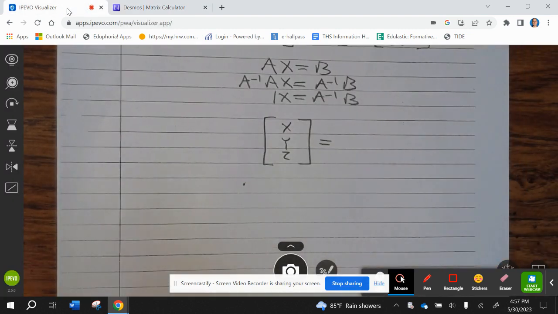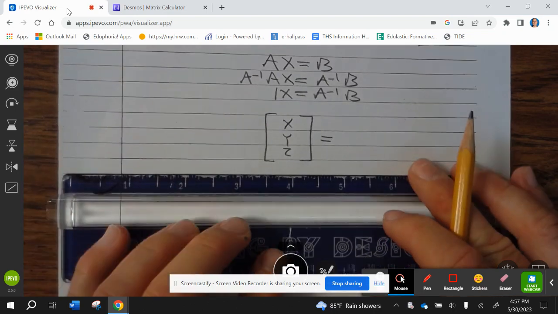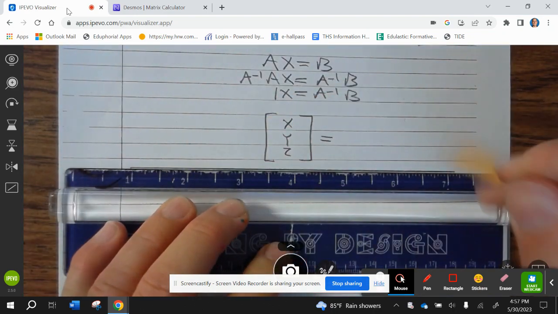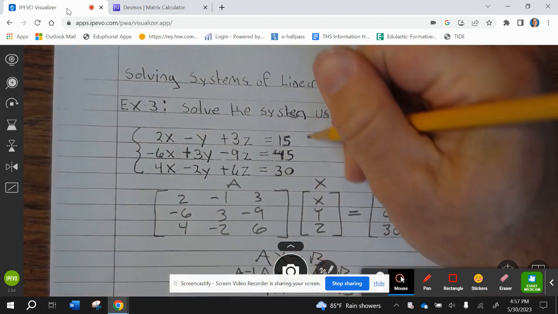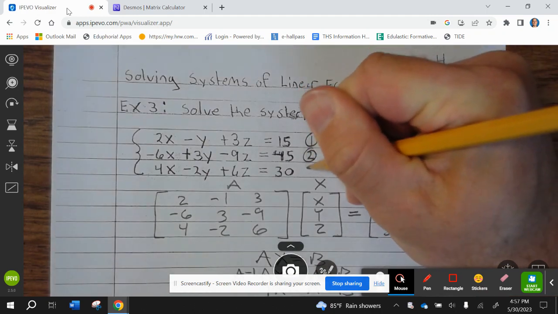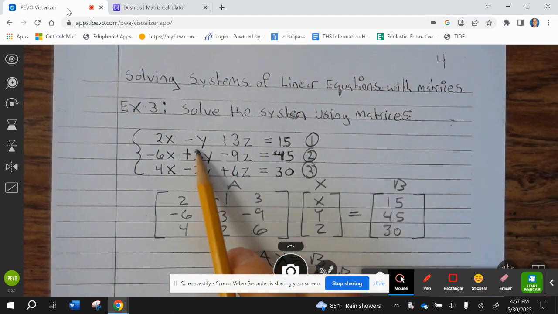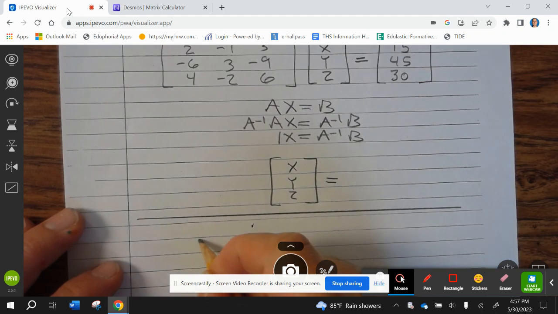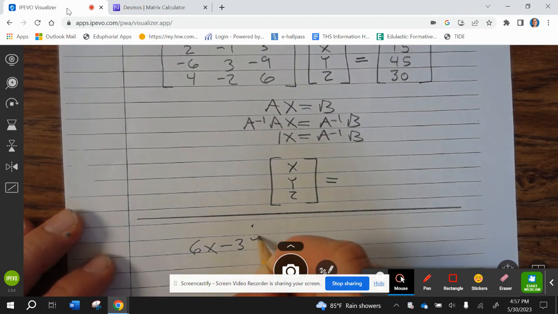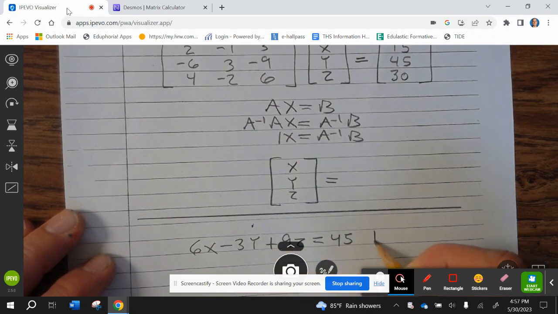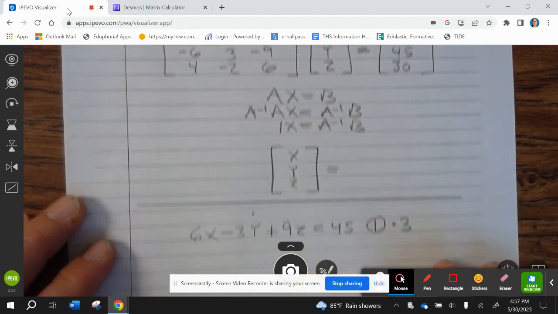So we're going to multiply equation 1 by 3 again. So that's 6x minus 3y plus 9z equals 45. It's equation 1 multiplied by 3.